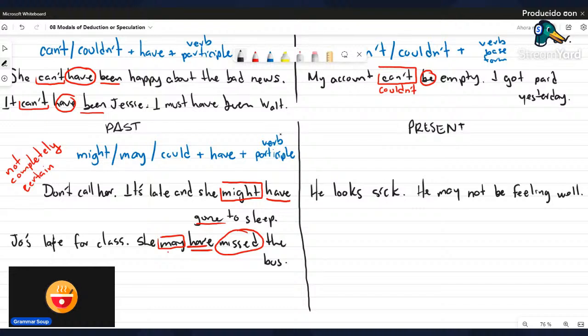Okay, it says that school may have classes. May have classes.